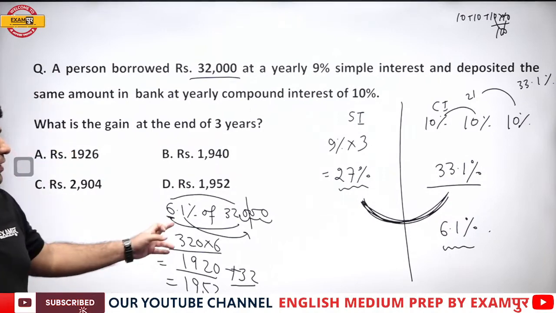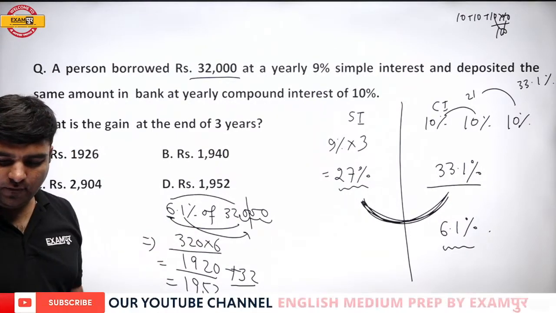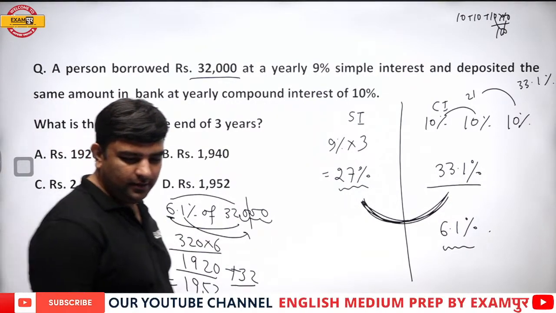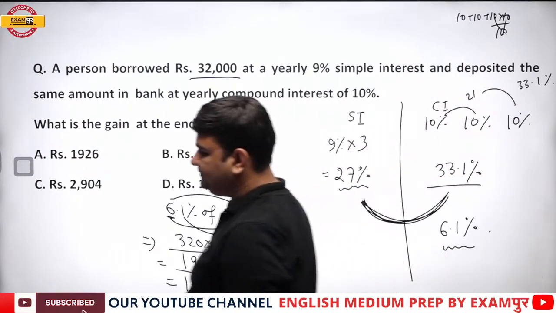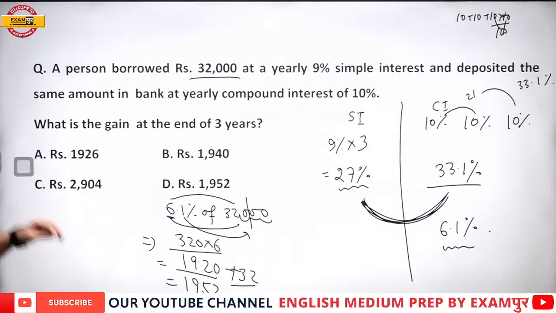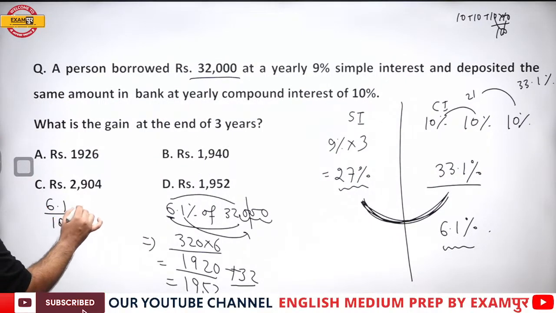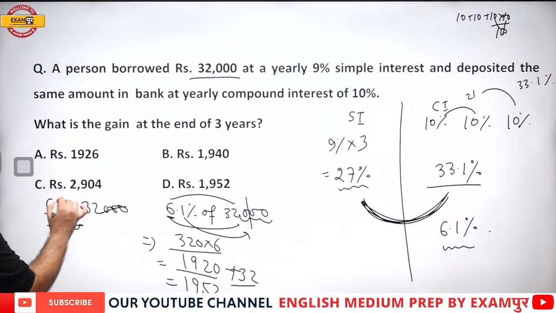You can go for the unit digit as well, like 6.1 upon 100 of 32,000. Unit digit of 2.